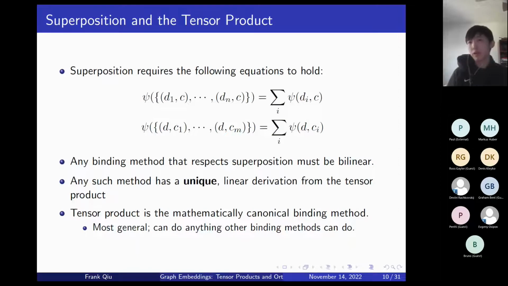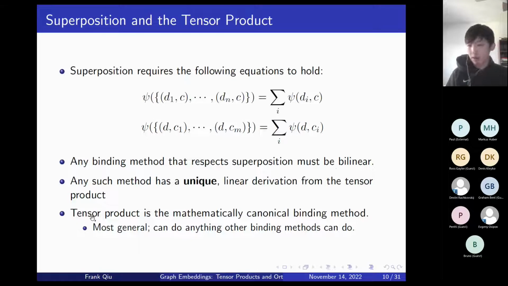Just a quick recap of what I covered, since I might have gone a bit fast. Assuming our edge embedding respects superposition, you get these 2 equations, which mean that the edge embedding must be bilinear. Any such bilinear map must be uniquely and linearly derived from the tensor product.